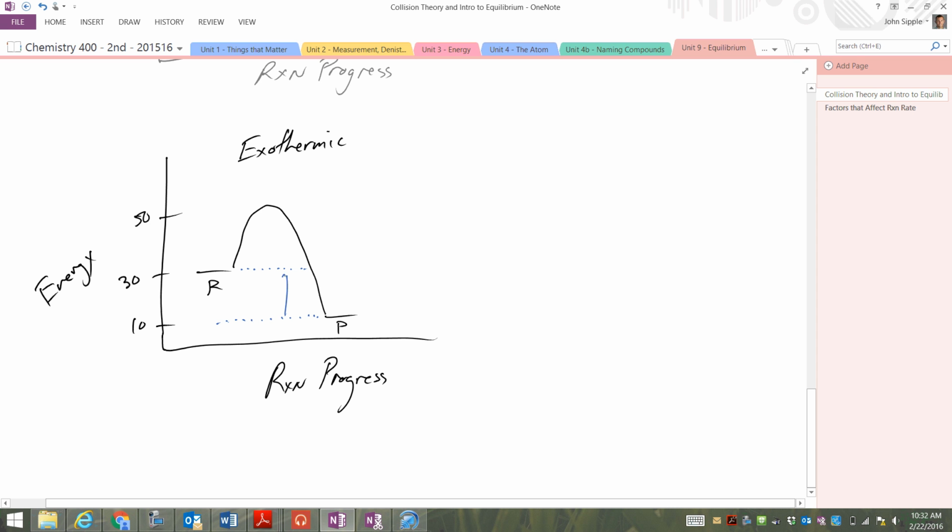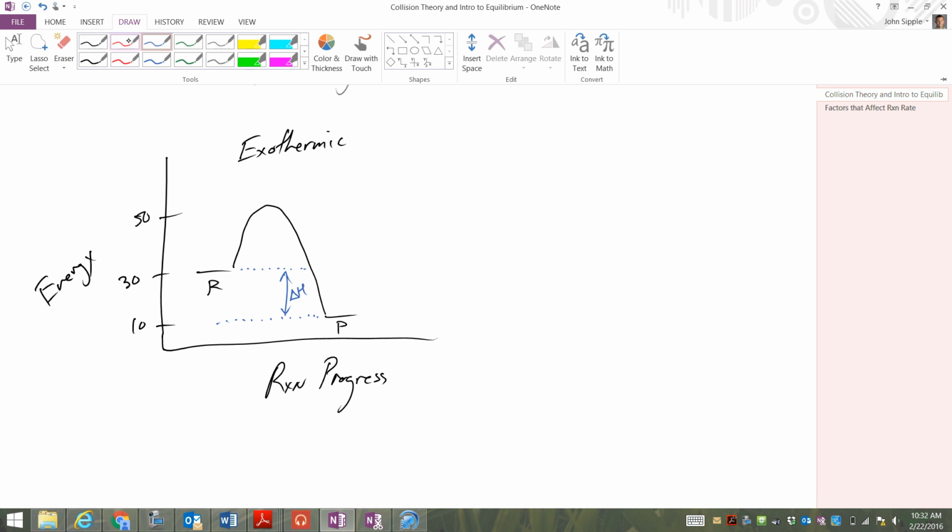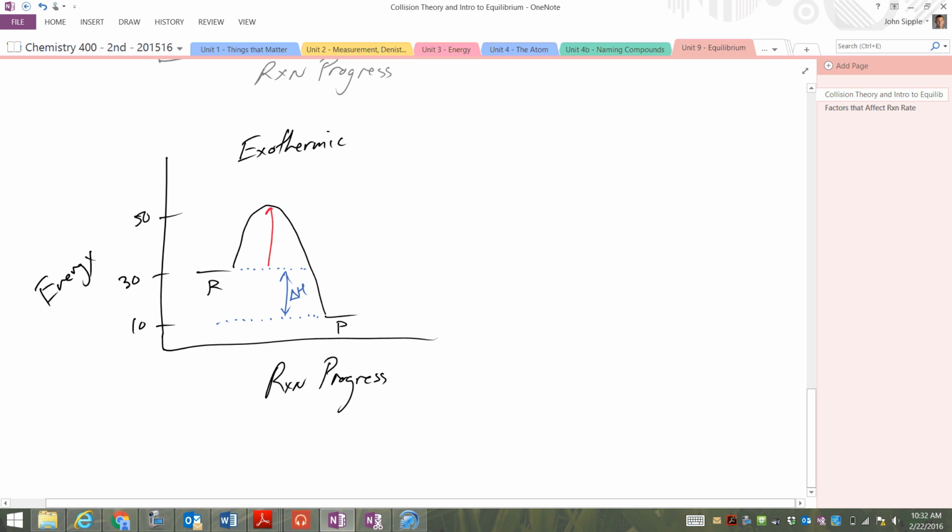All right, so once again here we've got delta H. We've got our energy of activation. All right. So what is our energy of activation equal to for this particular graph, for this exothermic graph? 20. Yeah, just 20. All right. What about delta H?